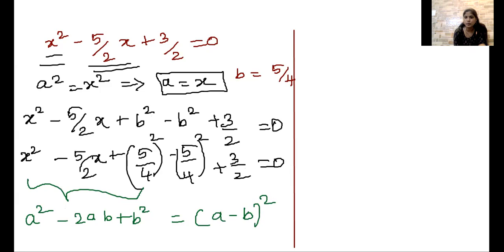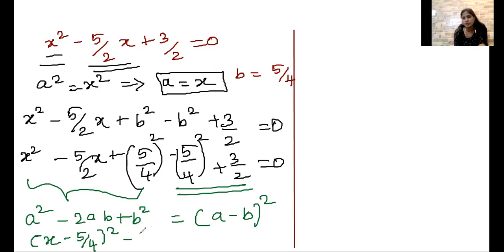The value of a is x and the value of b is 5 by 4. So it's x minus 5 by 4 the whole square plus these 2 terms, and you have minus actually, not plus. So minus 5 by 4 the whole square plus 3 by 2.